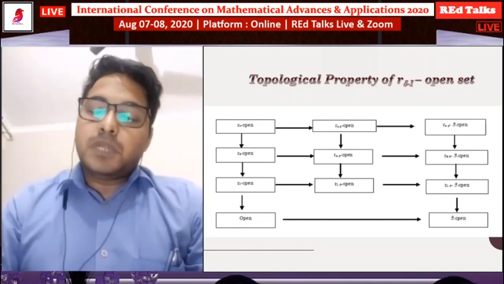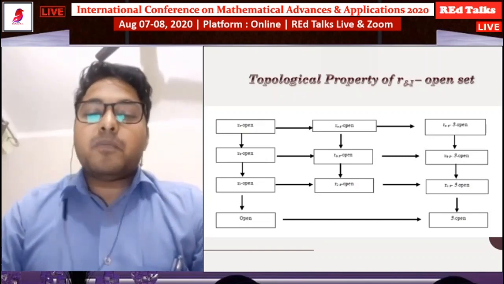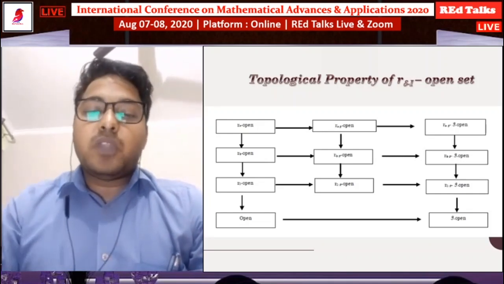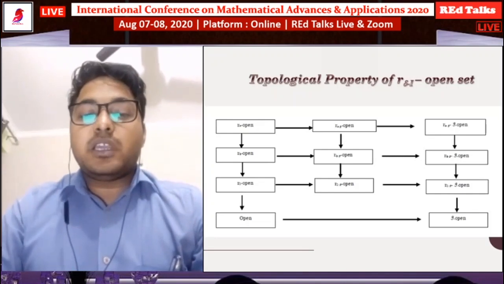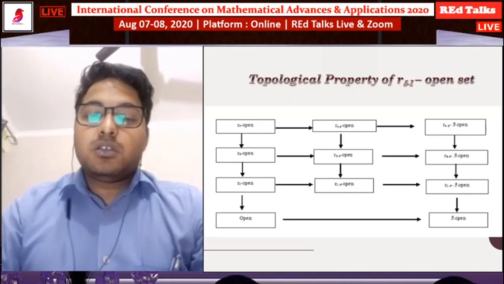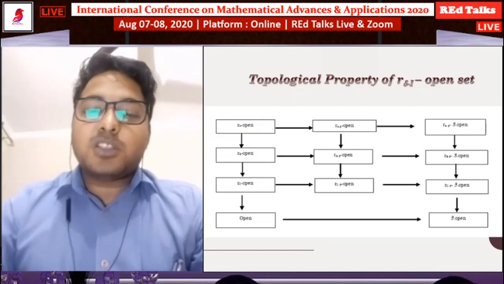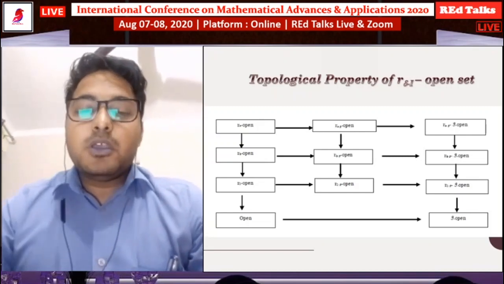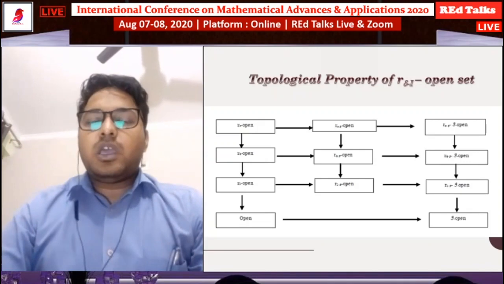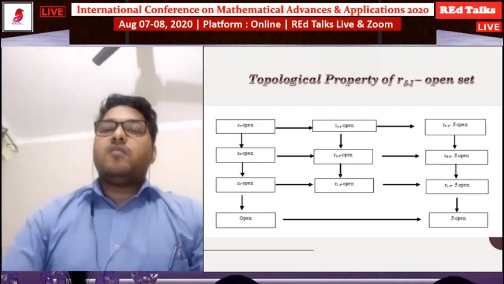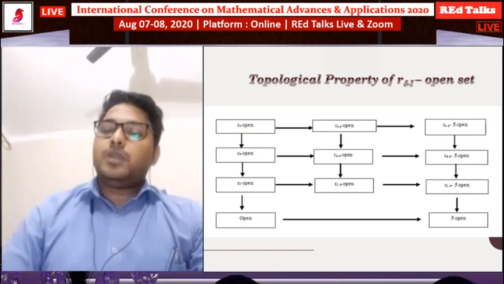For examples, please go to my work and you will find the beautiful examples which we have calculated and constructed with the help of the counterexamples in the general topology book, and there are plenty of examples which show that the converse part may not be true.